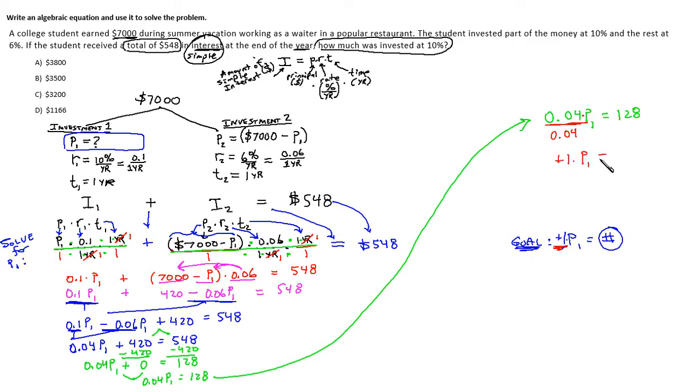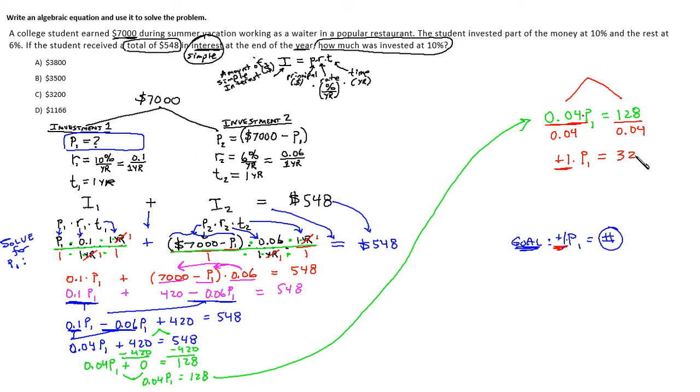P1. And to make this happen, we divide by 0.04 on the left side. Well, of course, we have to do the exact same thing to the right side to keep the equation in balance. So I go to the calculator. 128 divided by 0.04 equals 3,200.